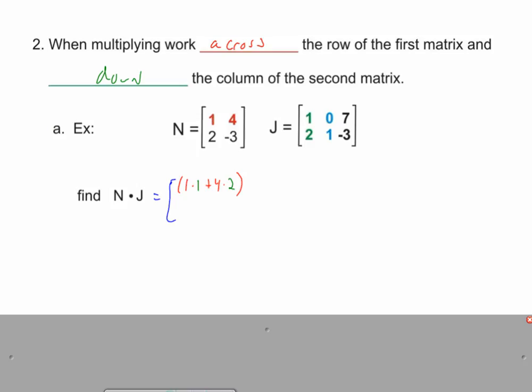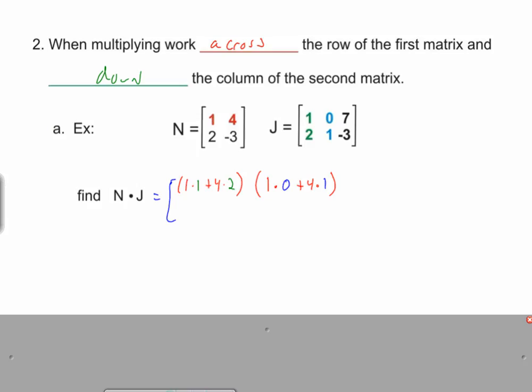Now I'm going to keep working my 1 and 4. So next I'm going to do 1 times, what would be logical here? 1 times 0, exactly. And then it's again going to be plus 4 times. And again, try to think this through. If you're not following, ask a question so we can get it, right? We went across and down.